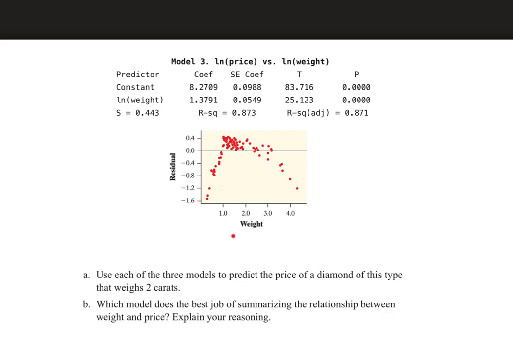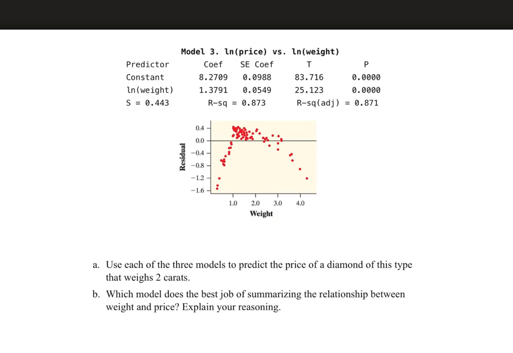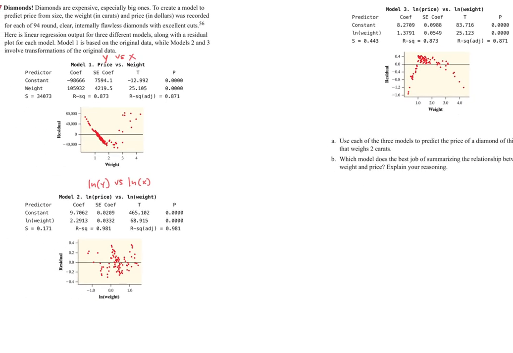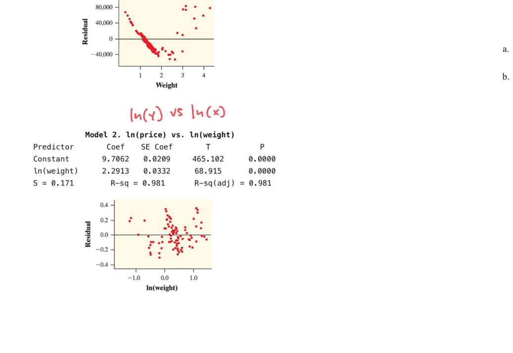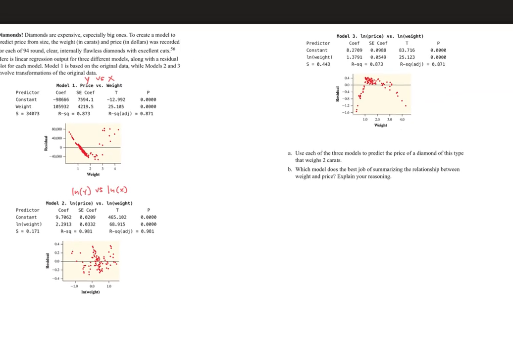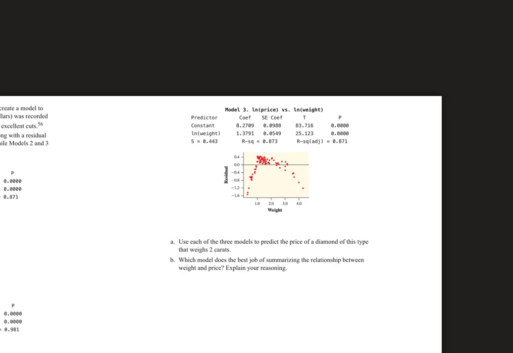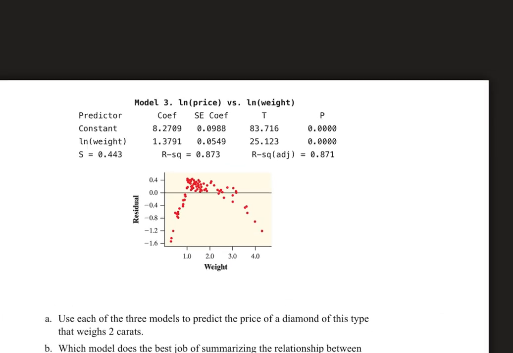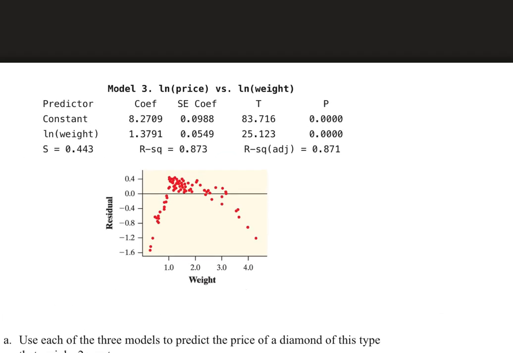You can even see down here they have weight as the way they labeled the x-axis. Here they have ln of weight for model 2, and that's why they have ln weight as the transformed x value. So let's correct this. This should just be regular weight, so let's cross out that ln. So this is ln of y versus x.